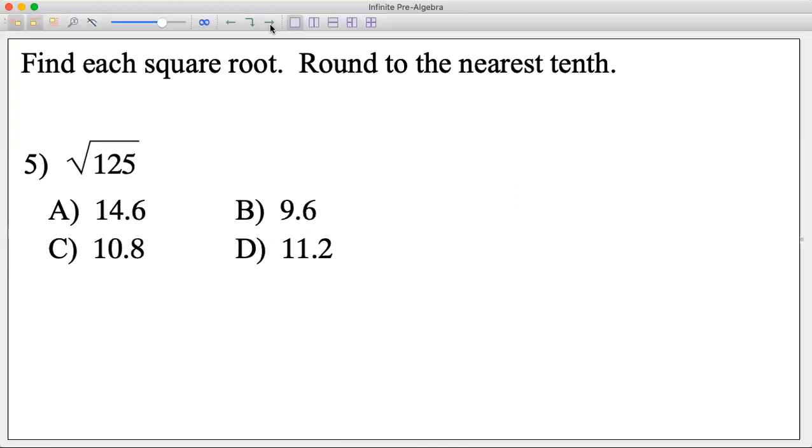I'm keeping the square root symbol. 144 is the one slightly bigger. Now we know the square root of 121 is 11, and the square root of 144 is 12. So I already know the number is between 11 and 12. Look at the answers.